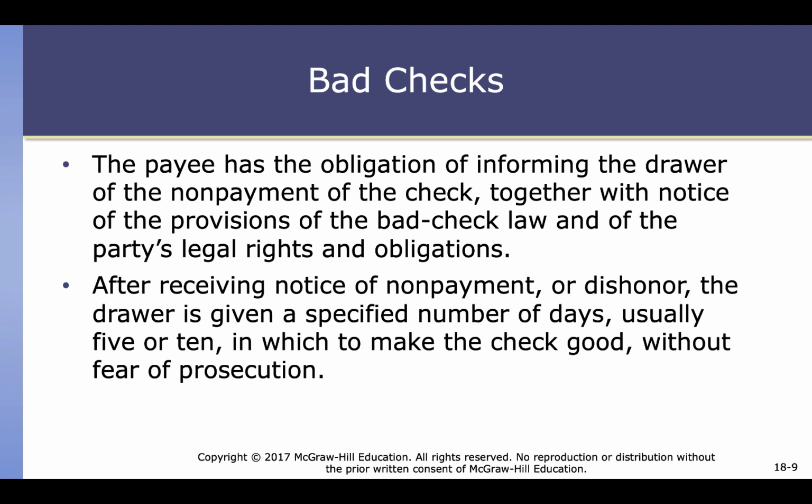And then after receiving that notice of non-payment or dishonor, the drawer is given a specified number of days in which to make the check good without fear of prosecution. Most states have state statutes making it larceny or attempted larceny for a person to issue a check drawn on a bank where the person has insufficient funds.